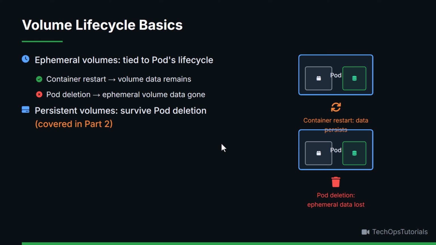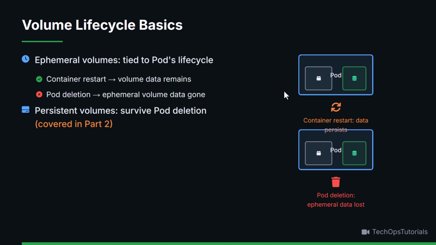Volumes in Kubernetes also follow a life cycle, and it's important to understand how they behave. If you look at the diagram here, notice the ephemeral volume is directly attached to the pod. This means if a container inside the pod restarts, the data in the volume is still available. But once the pod itself is deleted, the ephemeral volume also disappears along with it. Now compare that with the persistent volume shown in the diagram.